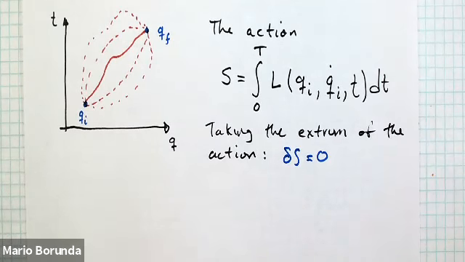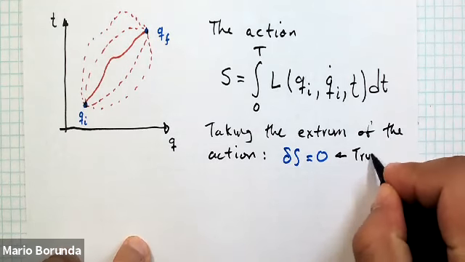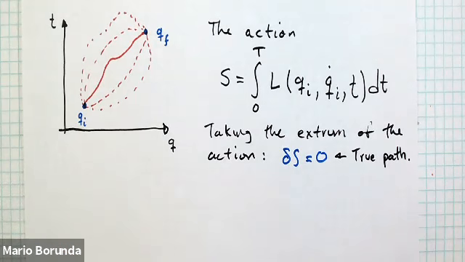This gives us the true path. So you minimize the action, right? And this might be the true path, the shortest path, maybe. Questions about this?